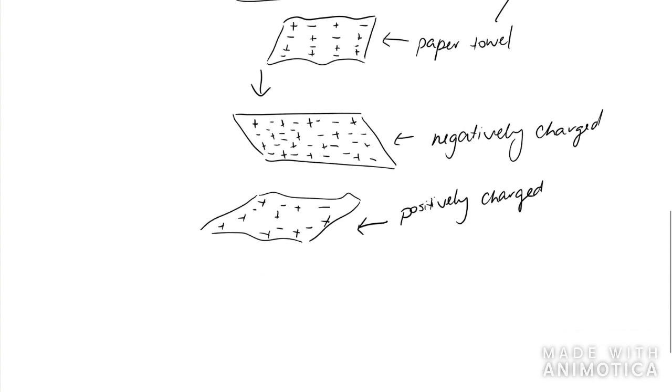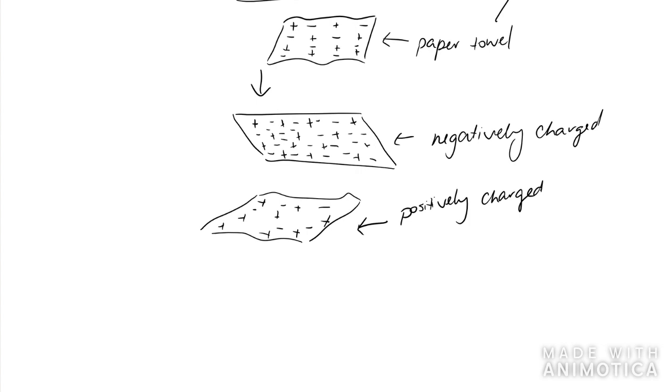So different materials will actually gain or lose different amounts of electrons. And this is called the electrostatic series. This is actually in your data table, and it shows an order from the weaker tendency to gain electrons to the stronger tendency to gain electrons.